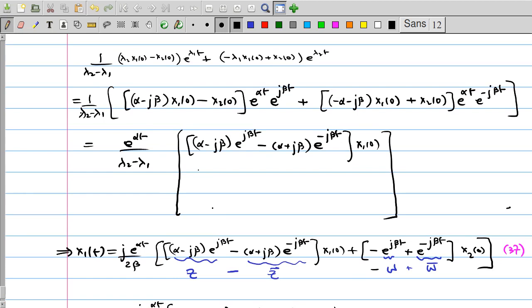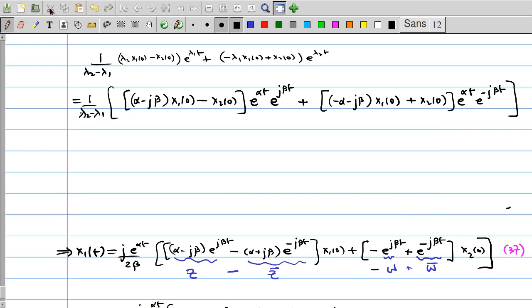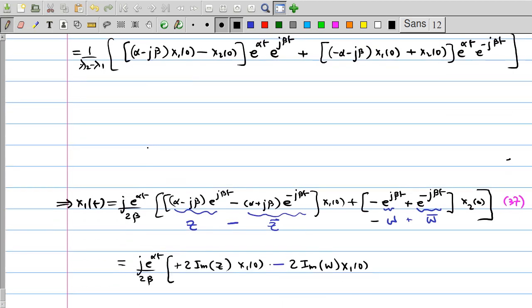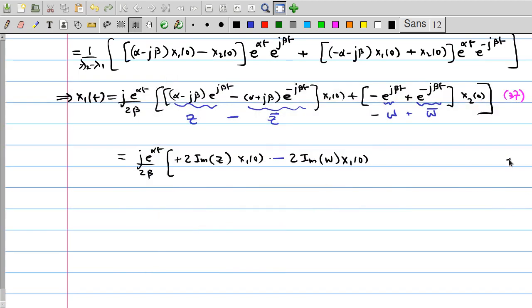All right, I'll just remove this. So it's minus 2 times the imaginary component times x2 of 0. That was pretty much it, right?